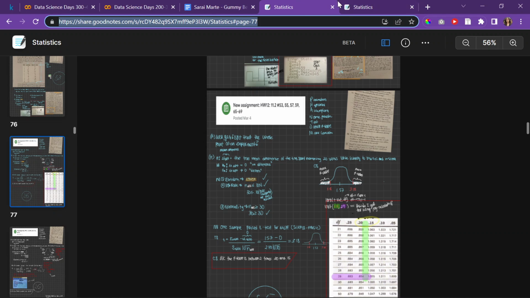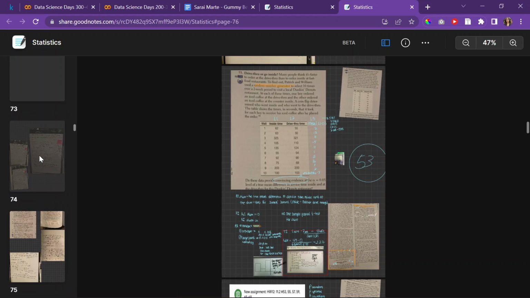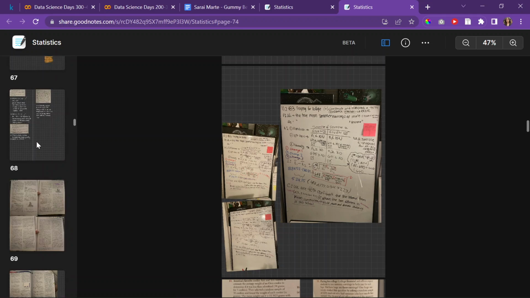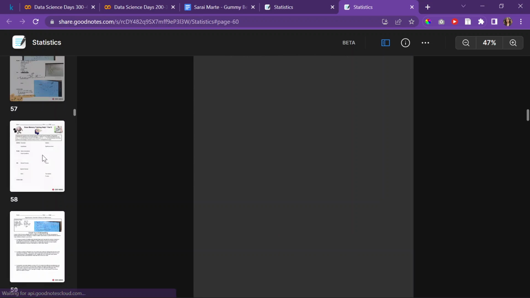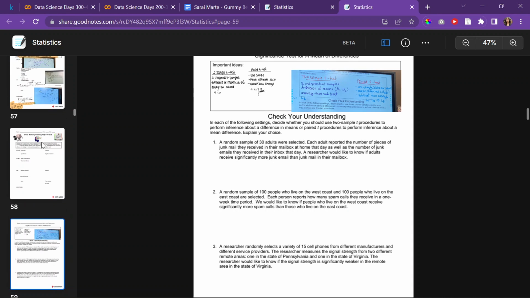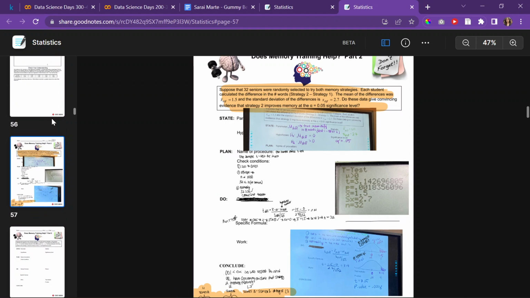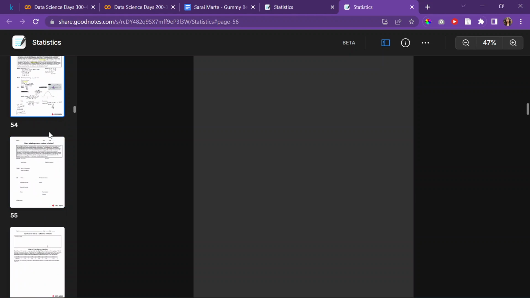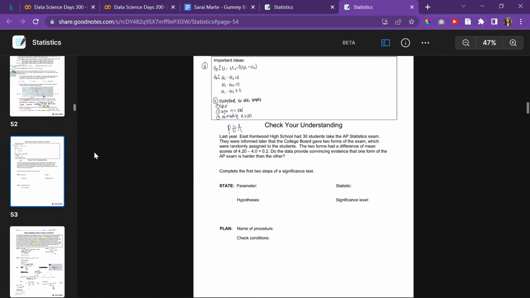So what page was that? 77? Okay, so it should be right above. I remember the introduction, it was a PDF, and I had written it down. Should be somewhere here. No.